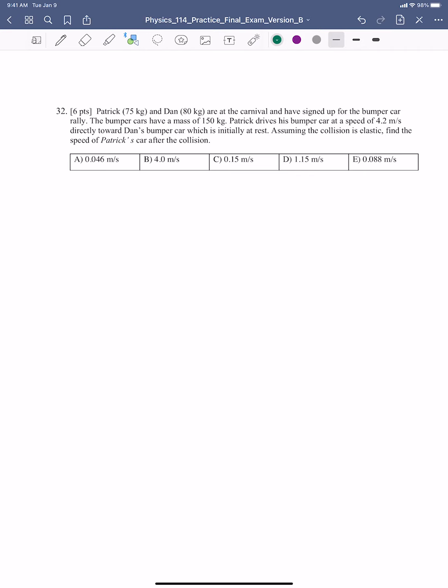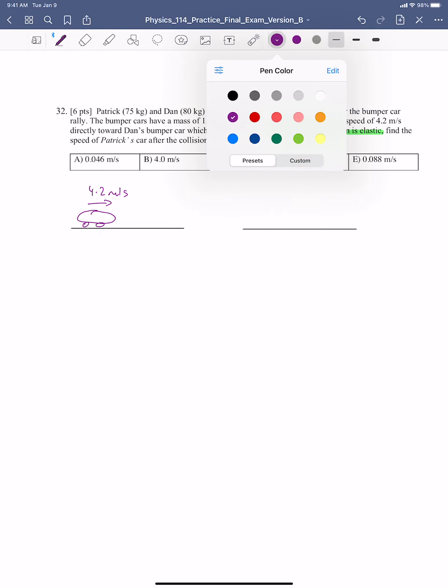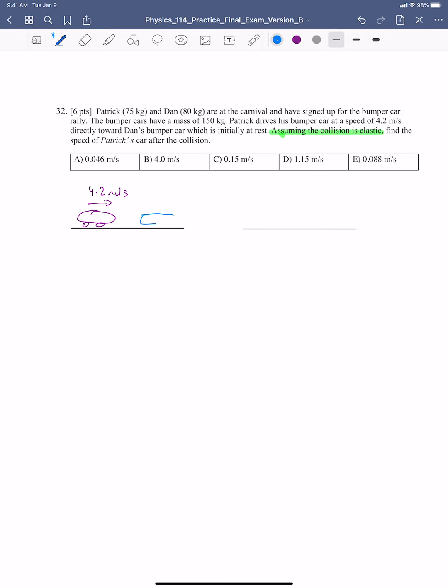So this is an elastic collision, sort of the last piece of the course. Let me draw a quick picture here. Patrick is the one driving the bumper car at 4.2 meters per second towards a stationary bumper car.